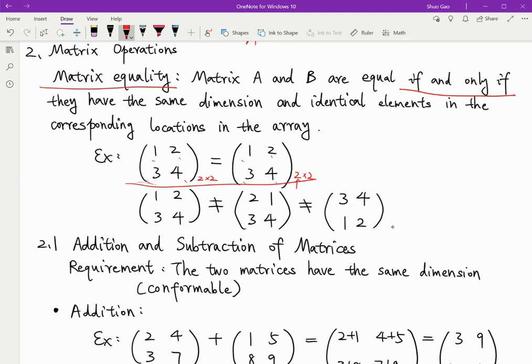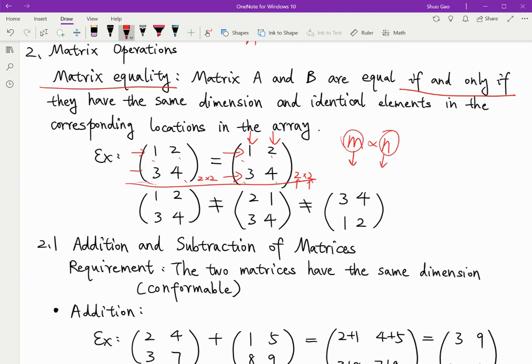They have 2 rows and 2 columns. Pay attention that m by n means m is the number of rows and n is the number of columns, right? The first one is the row, the second one is the column. So here 2 by 2 means that we have 2 rows and 2 columns, right? It's a square matrix.